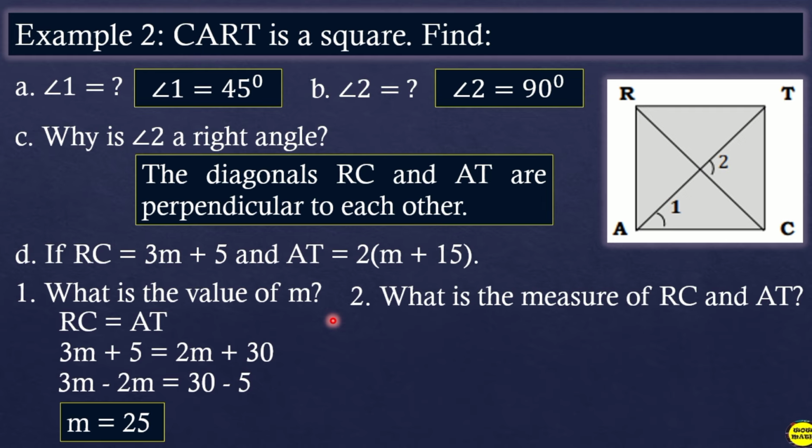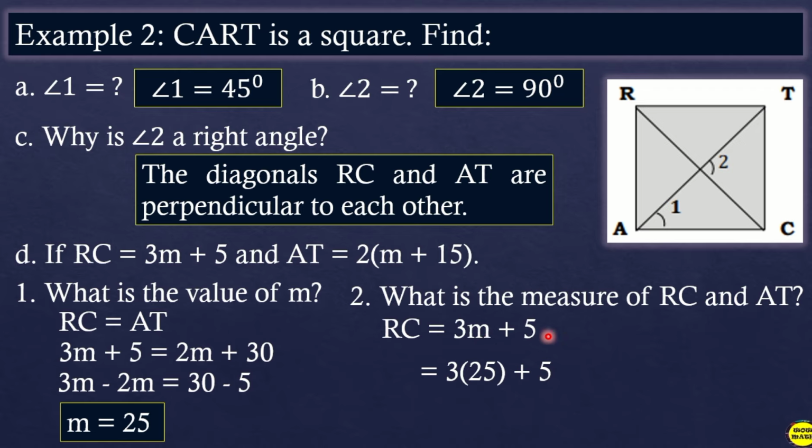So, next, what is the measure of RC and AT? Ano yung sukat ni RC and AT? So, substitute lang natin yung value natin na M, which is 25. So yung RC natin is equal to 3M plus 5. Papalitan lang natin, magsa-substitute tayo kay M ng 25. So that is 3 times 25 plus 5.